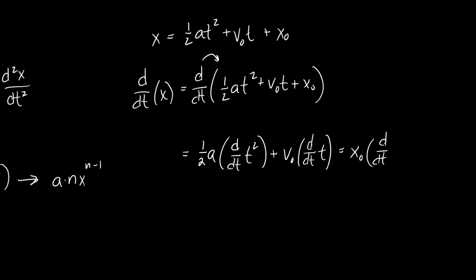Now, x naught doesn't have a variable with t in it, so we create one. It's a polynomial, so we can have 0 as an exponent in a polynomial. Every term can have t in it, even if it's t to the 0 power.